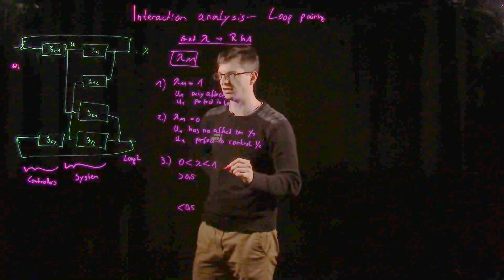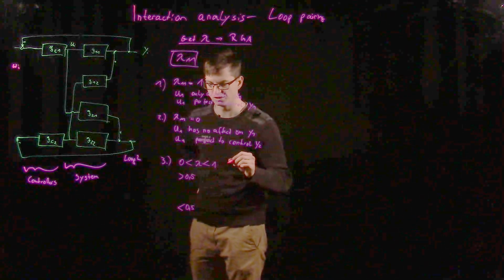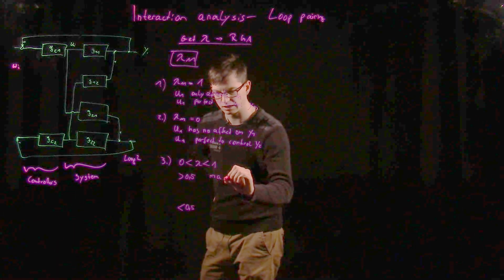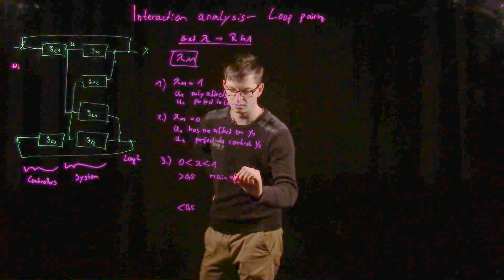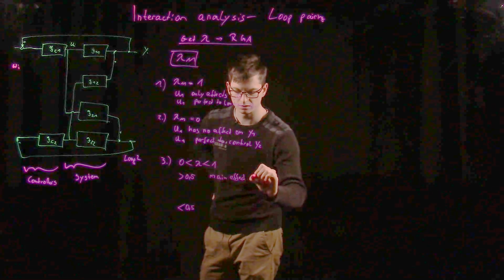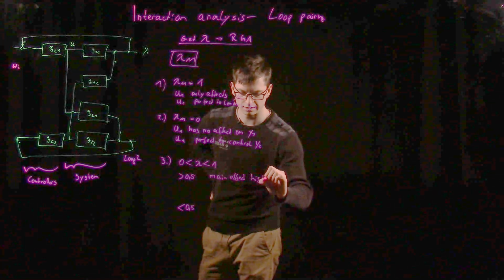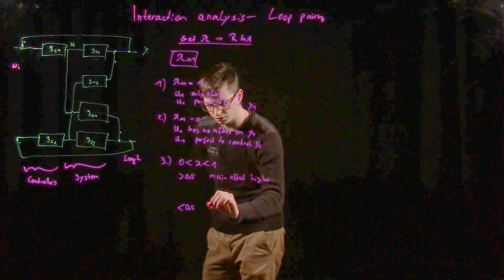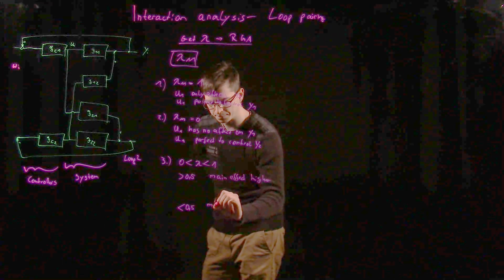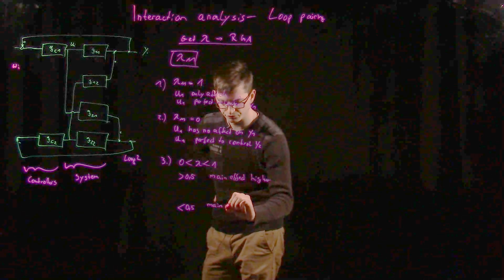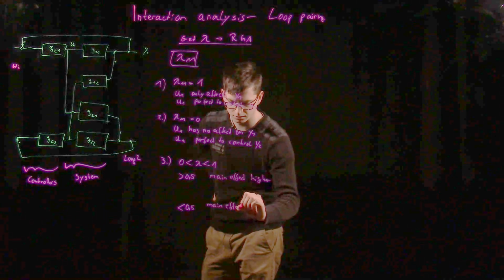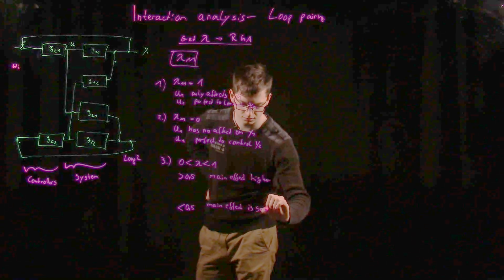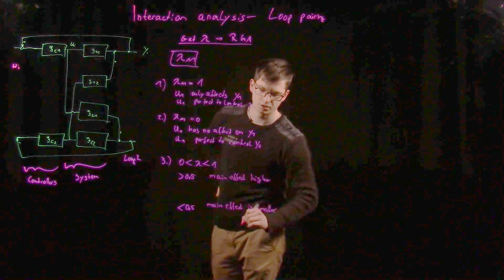So then we can say this lambda is reasonable for us. So here we can say main effect is higher. The other way around for the second part. Main effect is smaller.